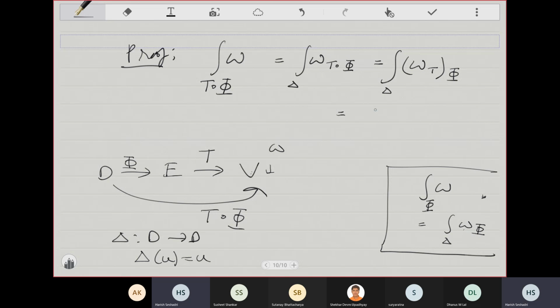So I'll get the integral of omega T over phi, just this statement here applied to omega subscript T. And this equality of these two is what we are looking for.